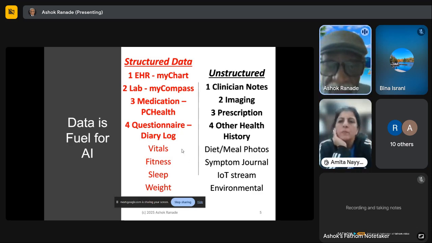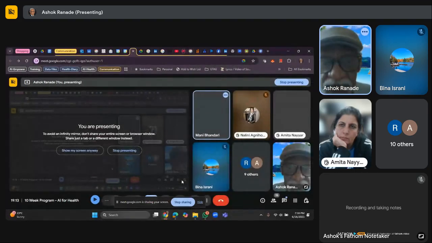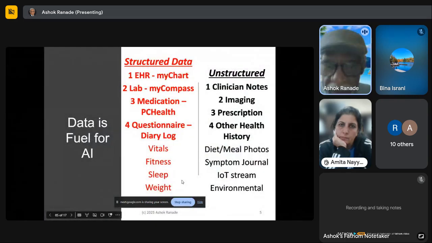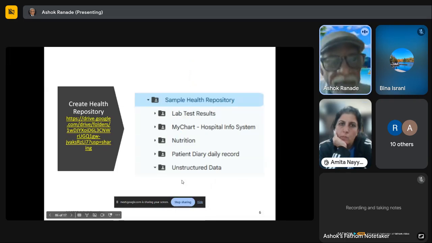There are other structured and unstructured data that would be subsequently added, but initially we are only looking at structured and unstructured data related with diseases. So this is our first week's concentration.